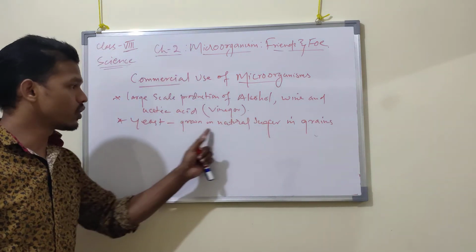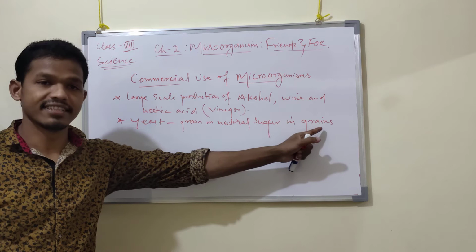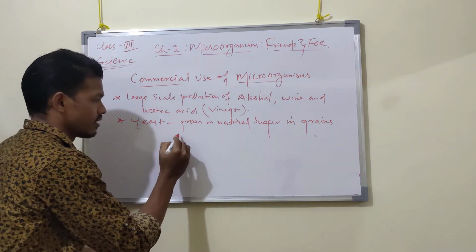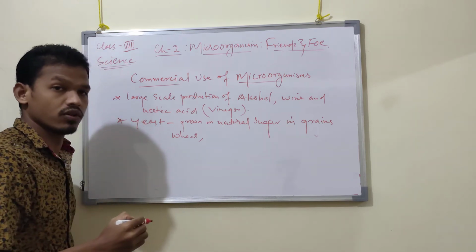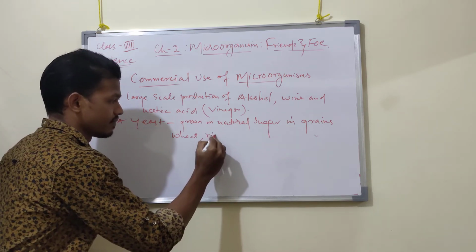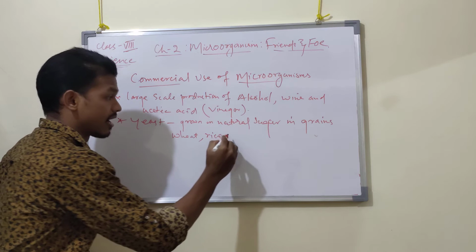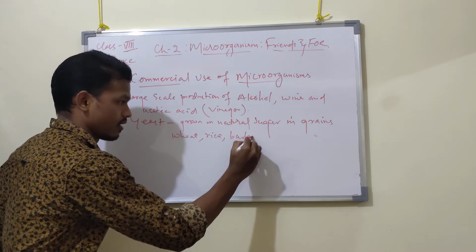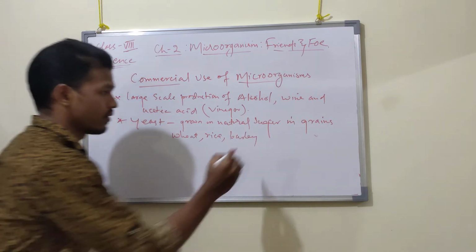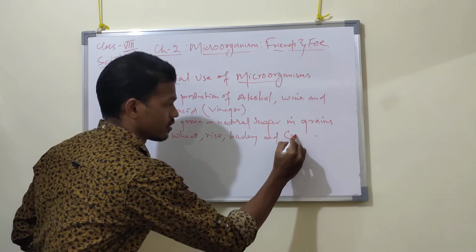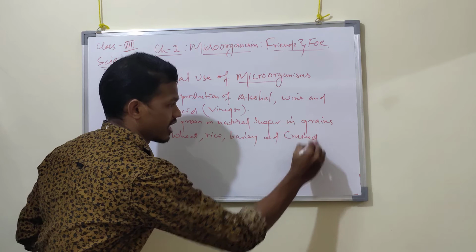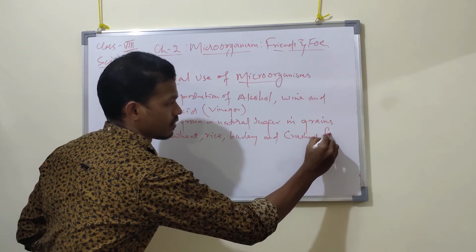Therefore, these yeast are grown on natural sugar in grains such as wheat, rice, barley, or crushed fruit juice.